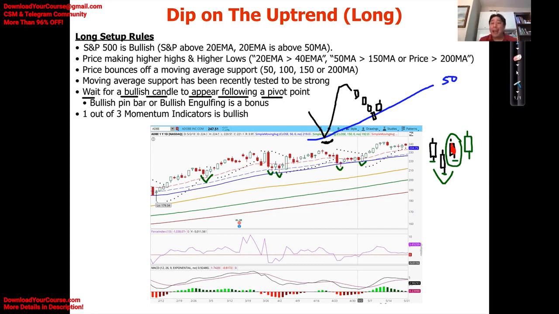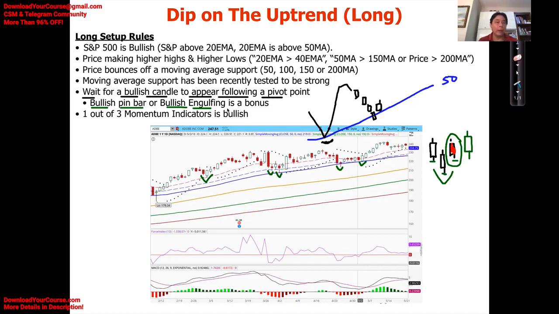Now, you've learned candlestick patterns in the level 1 basic course. There doesn't have to be a requirement for a specific candlestick pattern in this strategy. But if you have a candlestick pattern like a bullish pin bar or a bullish engulfing pattern, that's a bonus.